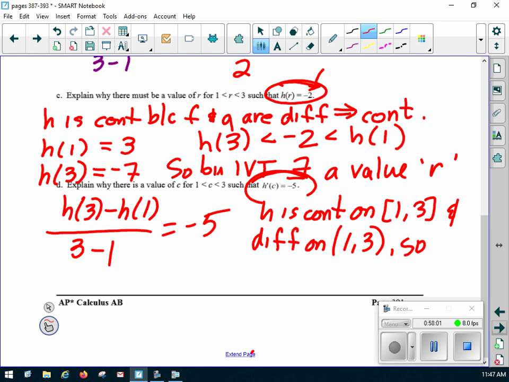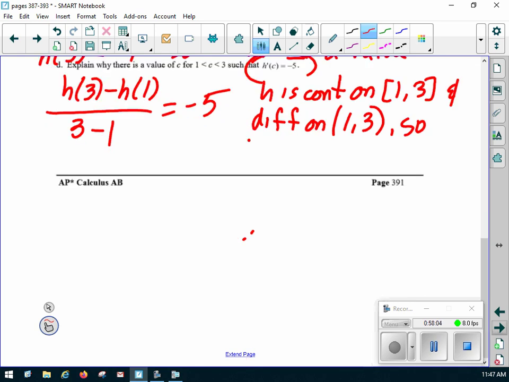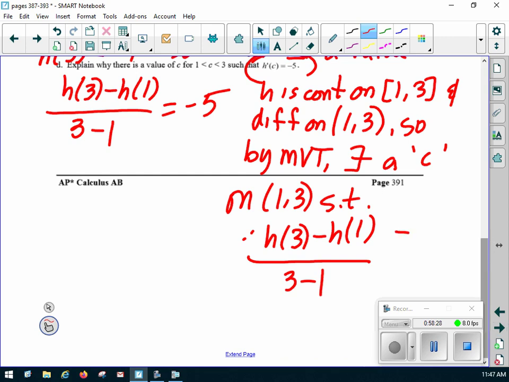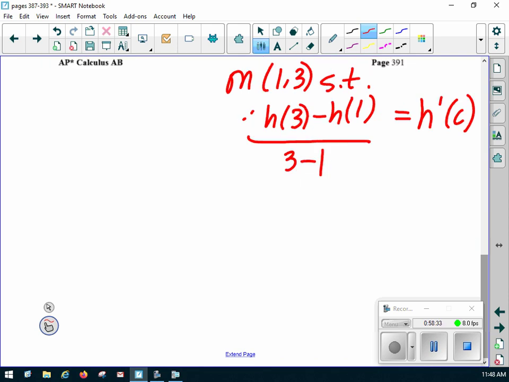So by mean value theorem, there exists, what's it asking for, a C on the open interval 1 to 3 such that h of 3 minus h of 1 over 3 minus 1 has to equal h prime of C. So 5, what was it, negative 5? Is that what we said?